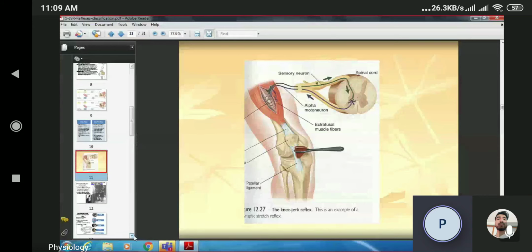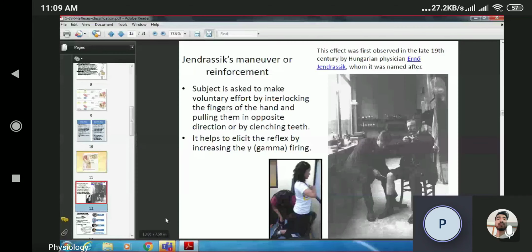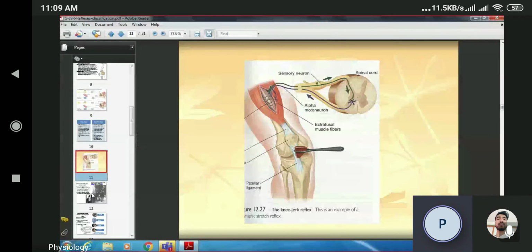Now let's see, if you're doing the reflex and the muscle contraction is not elicited, then what do we do? We ask the subject to clench the teeth. That is one method. Another is we ask the subject to hold both the hands together, interlock the fingers, and pull the fingers in opposite directions, like this in the picture.